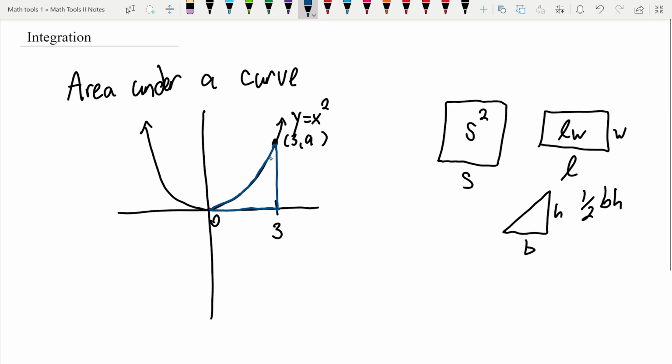So we can't necessarily use these same formulas. There's not necessarily a good formula that's going to work for this kind of shape. All right. So if we just bring the shape over, it kind of looks like this, where this has an arc to it. Okay. So what do we do in this case?